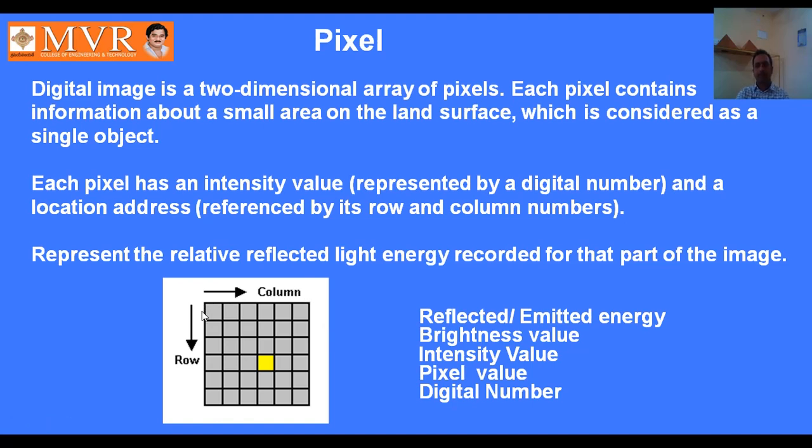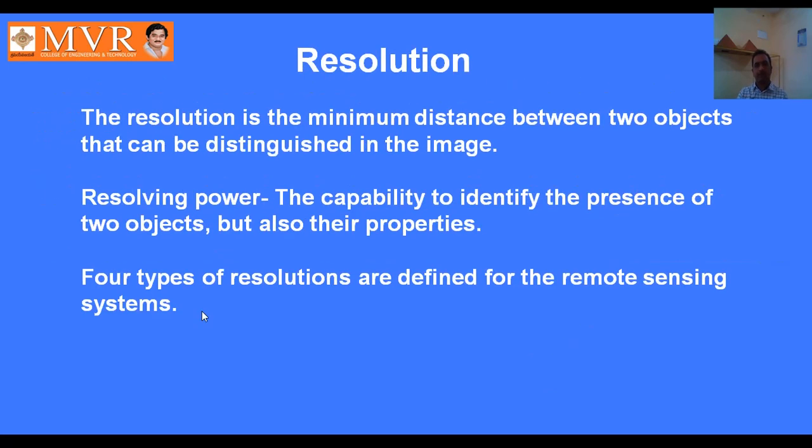Now, we want to study resolution. So, what is resolution? Resolution is the minimum distance between two objects that can be distinguished in the image. We want to identify the minimum distance between two objects, but here we want to identify brightness values or intensity values.